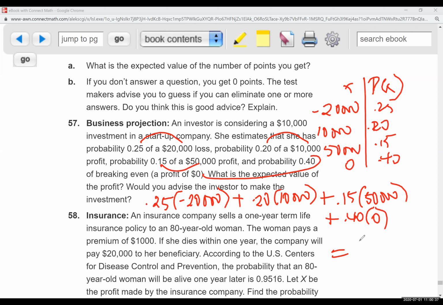Is it 4,500? 4,500, yeah. Would you advise the investor to make the investment? Yes or no?